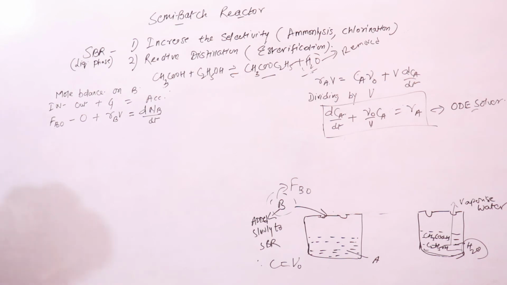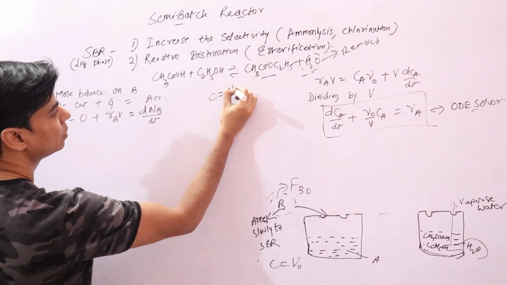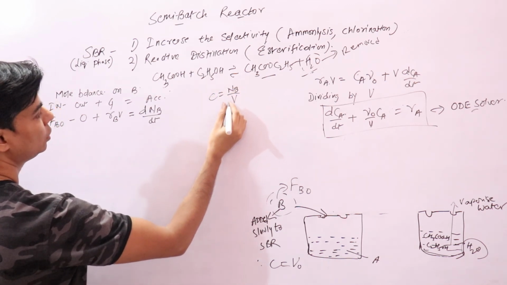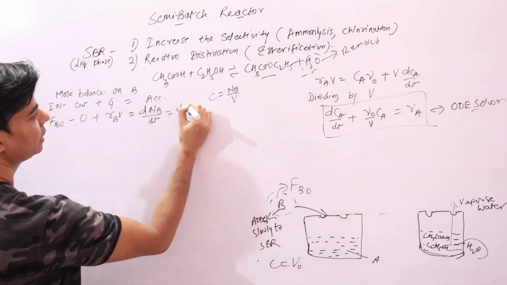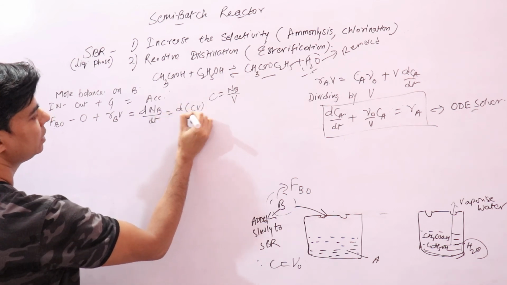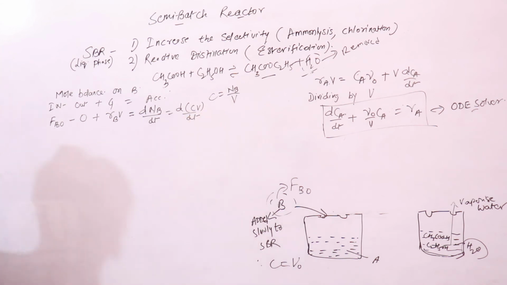We know that concentration is equal to moles per unit volume, so in place of NB we will write CB V, d(CB V)/dt. Let's write it as CB, concentration of B, just to specify we are doing it on B.